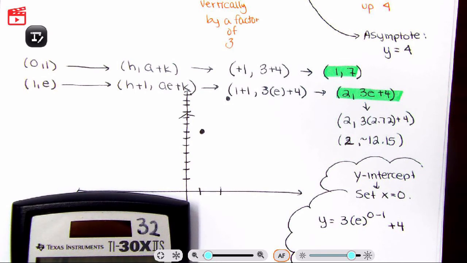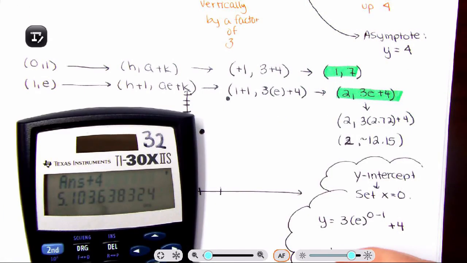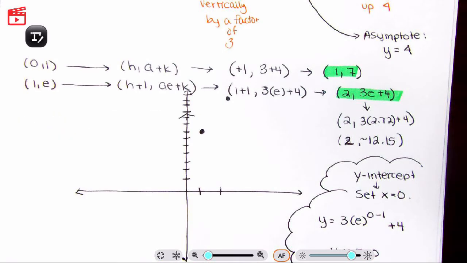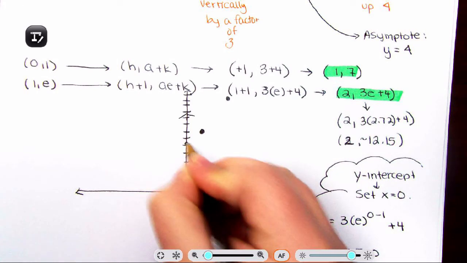Go ahead and type that into your calculator. And that gives me around 5-ish. 5.10, so about 5. So here's 0, 1, 2, 3, 4, 5-ish, about here.